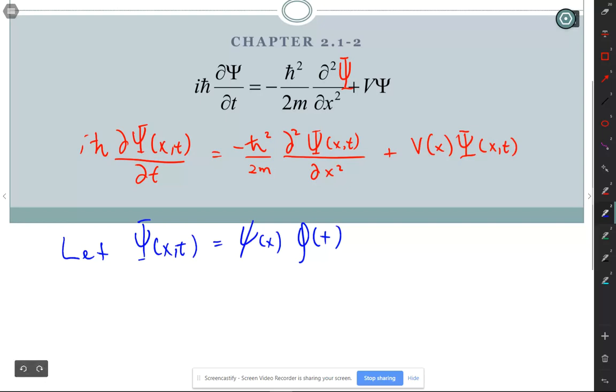So if I make that substitution and put that into my Schrodinger equation, I'm going to have i h-bar, since the partial derivative with respect to time is not going to affect the position variable. Actually, let me use color coding here.